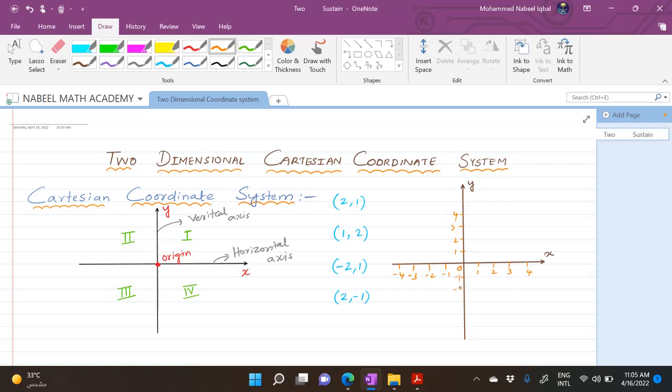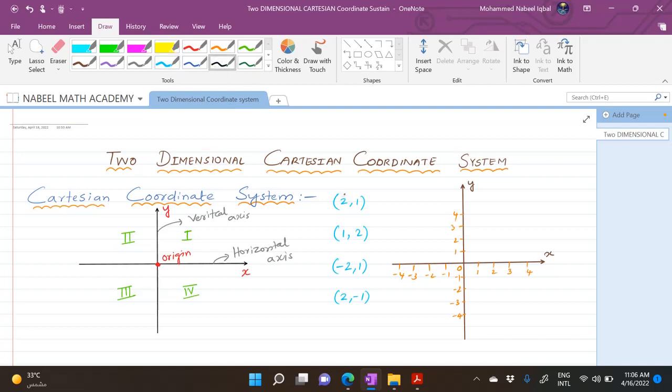So this is the x-y plane. Now I will plot the first point, x equals 2, y equals 1.